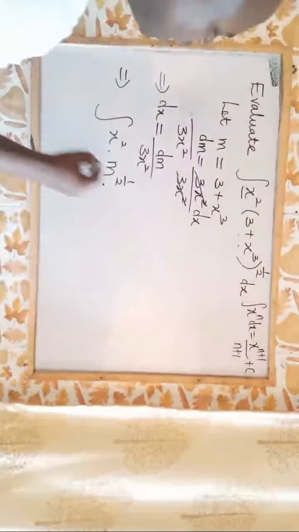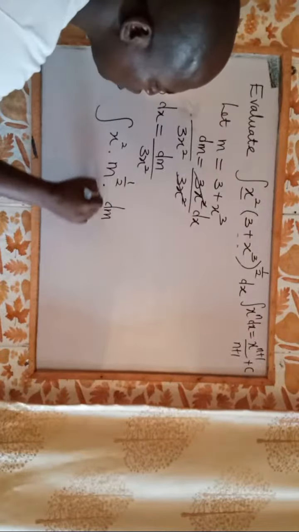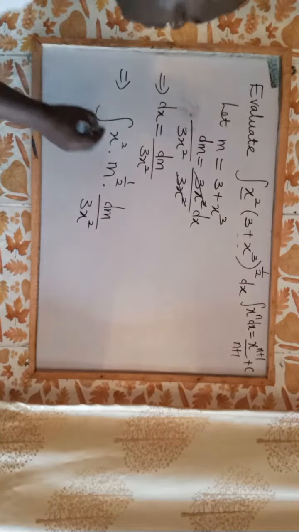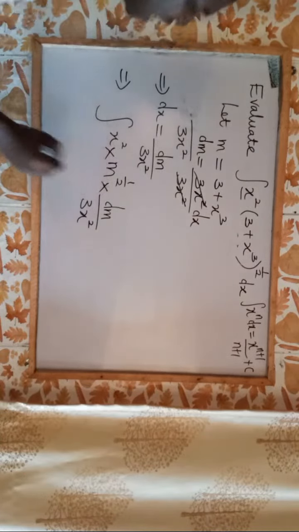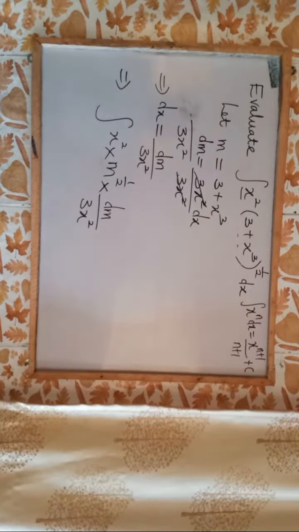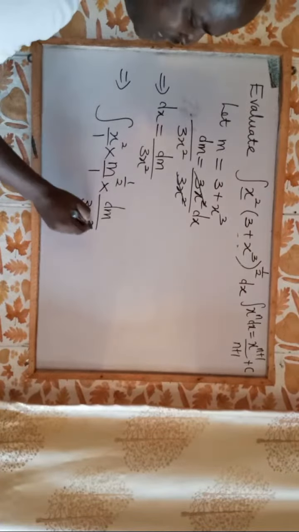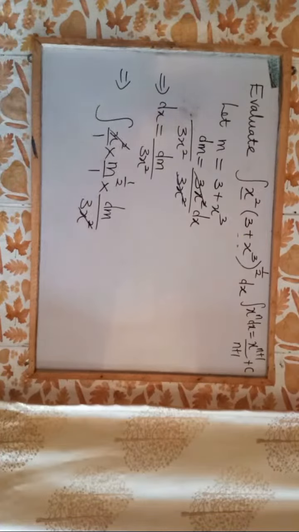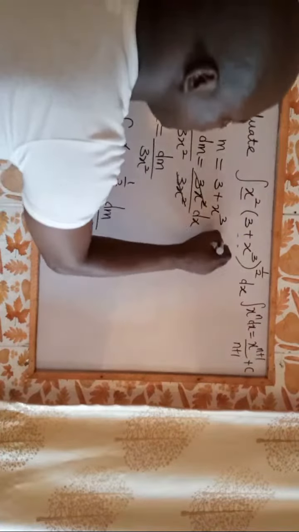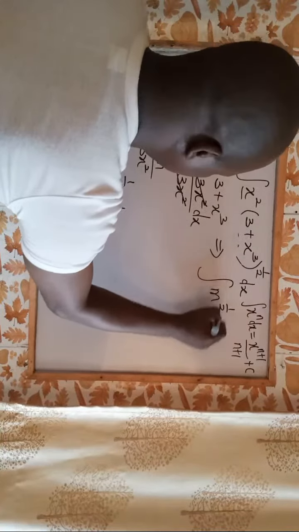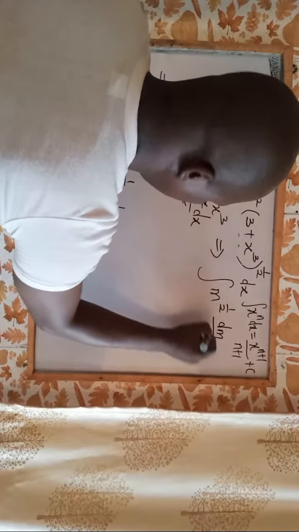That means I'm going to have dm all over 3x squared. This dot means times. If you notice very well, if I put a denominator here, the x squared will cancel. After that, I'm now going to have integral m^(1/2) dm all over 3.